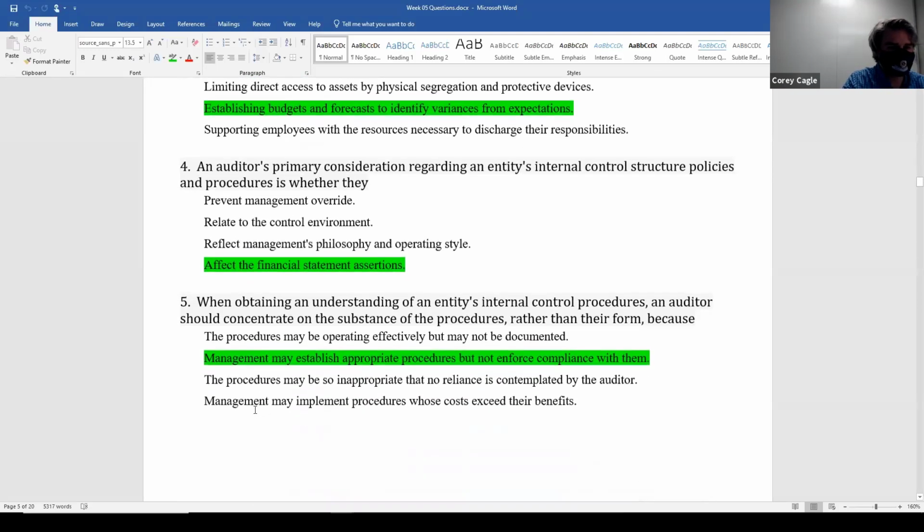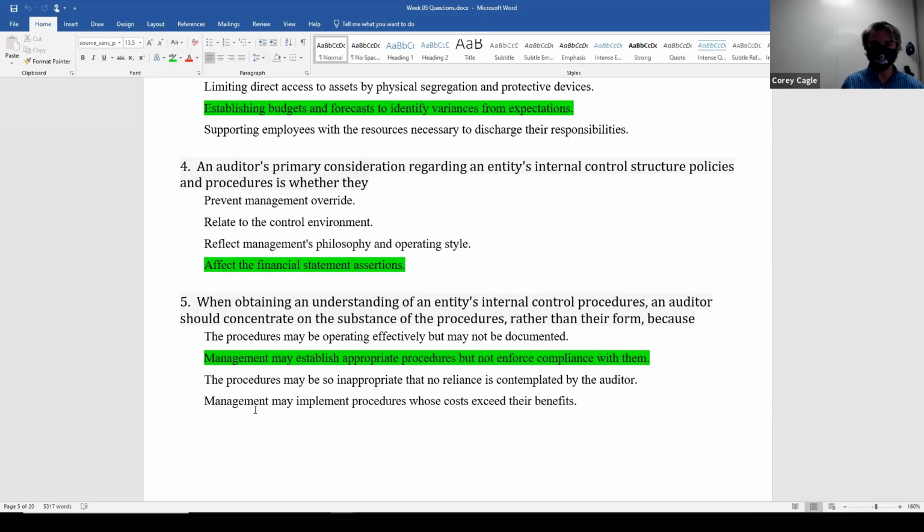Kind of more the same, but in a different way. An auditor's primary consideration regarding really anything is how it affects the financial statements, right? So this one is primary consideration regarding the entity's internal control structure, policies, and procedures is whether they affect what ends up on the financial statements.